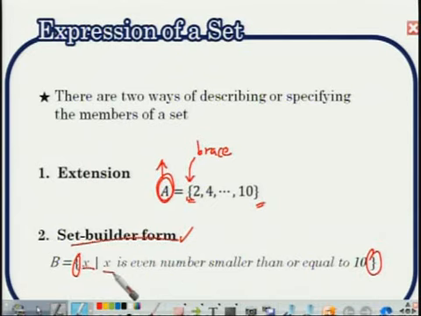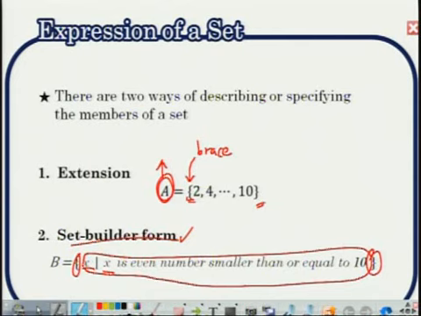X bar X is an even number smaller than or equal to 10. So this was the thing we've seen in the last slide, which was example 1.2. If we say this in English words, this is exactly the same meaning.